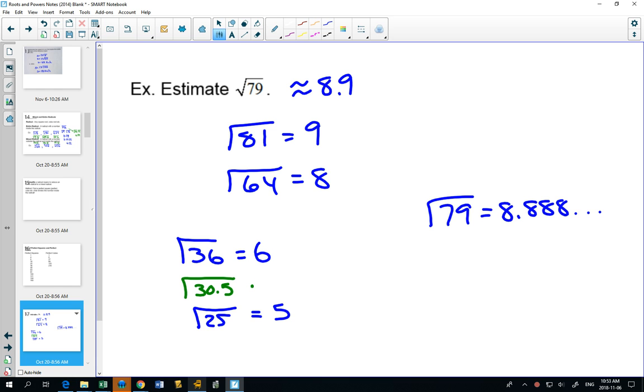So a good estimate would be 5.5, right? Because it's halfway in between.